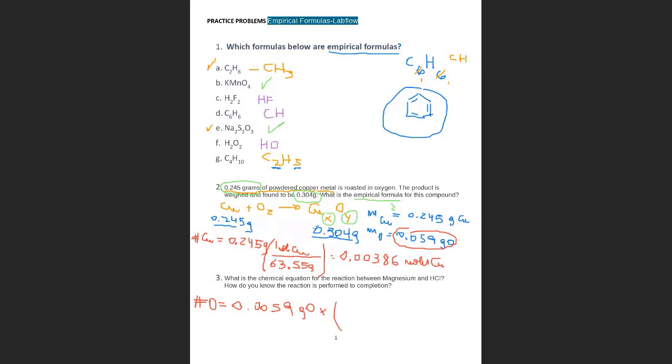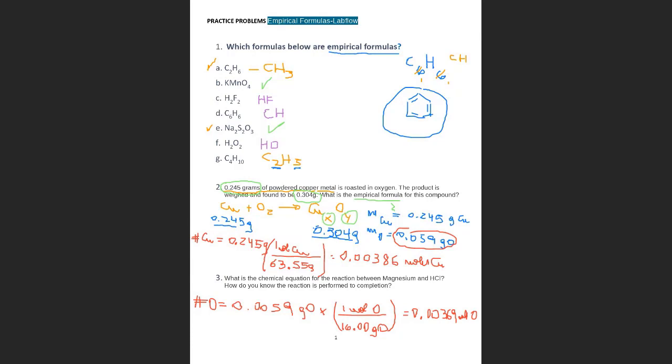I go to the periodic table, and I know that 1 mole of oxygen is 16.00 grams of oxygen. And I obtained a number that is 0.00369 moles of oxygen.